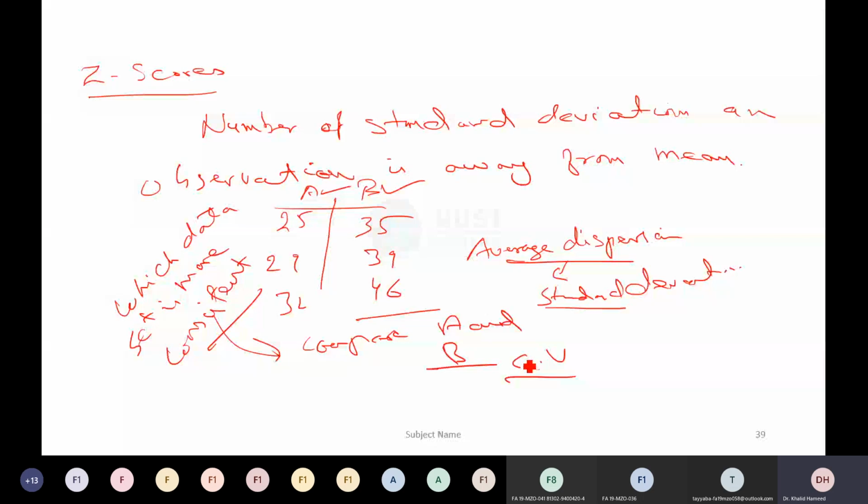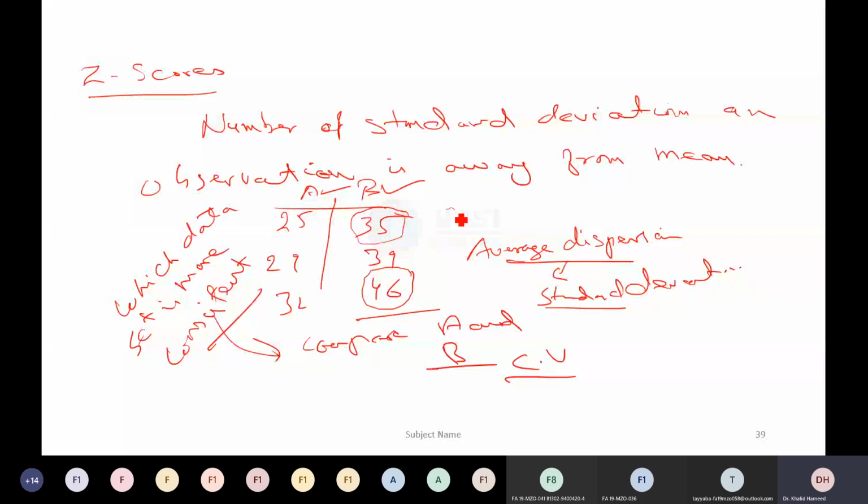But I can have another question. I can ask you, for example, how much this observation is away from the mean and how much this other observation is away from the mean, and just compare. In that case, as it is a single data set, you can carry out the comparison.